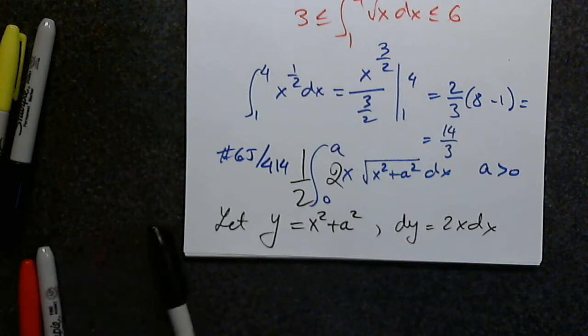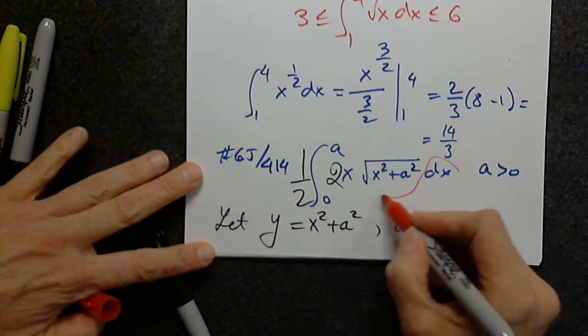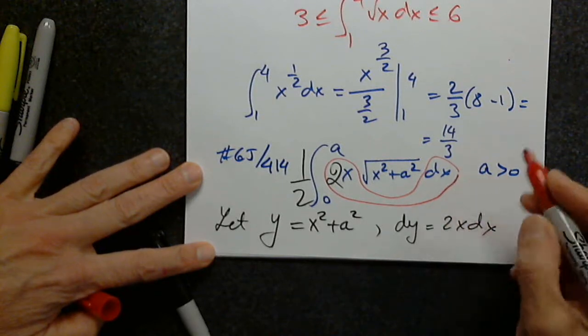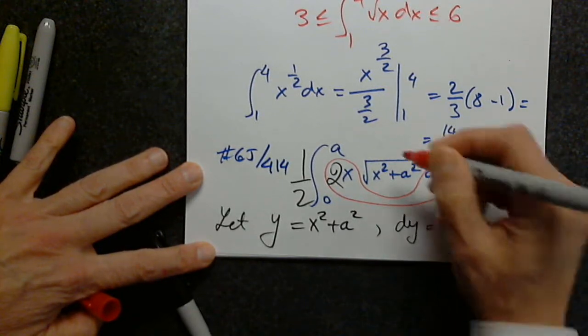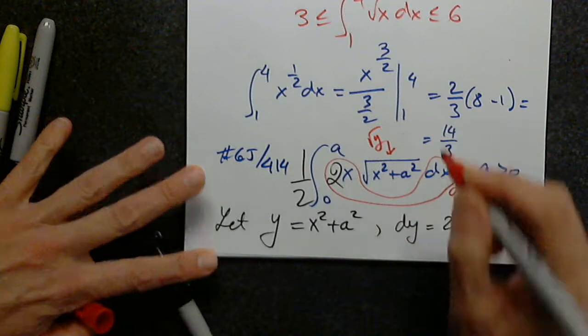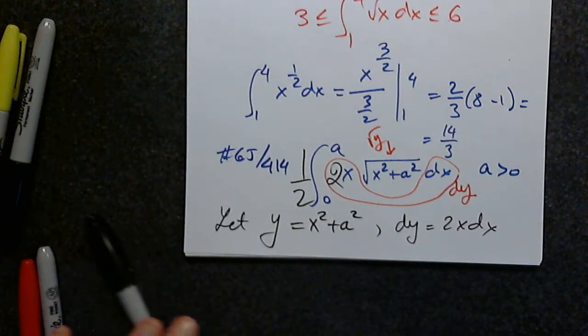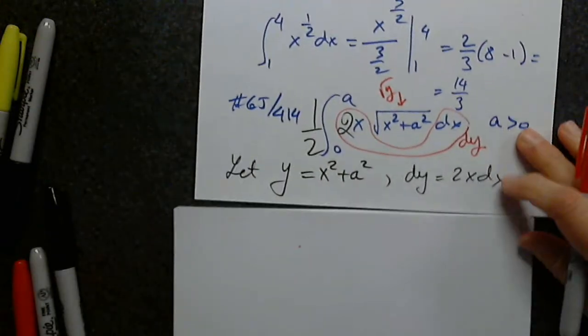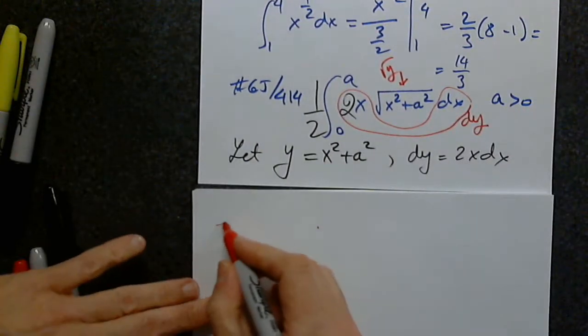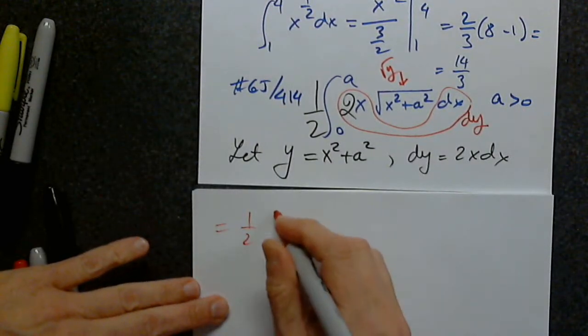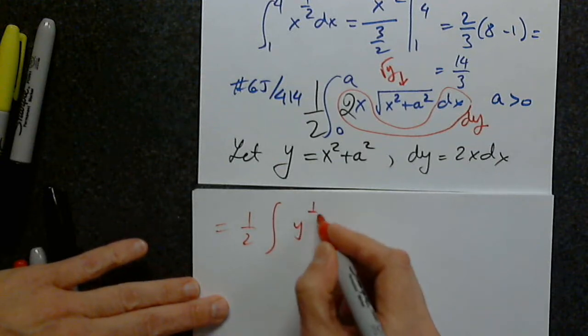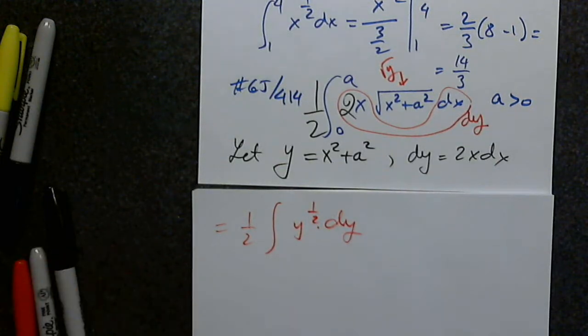So then I would say this is my dy, and this is the square root of y. So the integral becomes 1/2 y to the 1/2 dy, and I know not to copy the limits of integration for x into an integral with y.